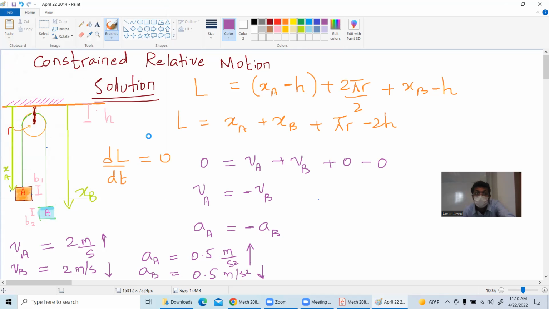Do we have any questions on this? Yeah, how about if the rope was in compression? You mean elastic? Right now they are taking the mass B and pulling it downwards. If you were to push it upwards, then the mass A wouldn't be affected and the change of the length wouldn't be 0. Oh, you mean like this? Yeah. No, but we are intentionally taking a rope, right?